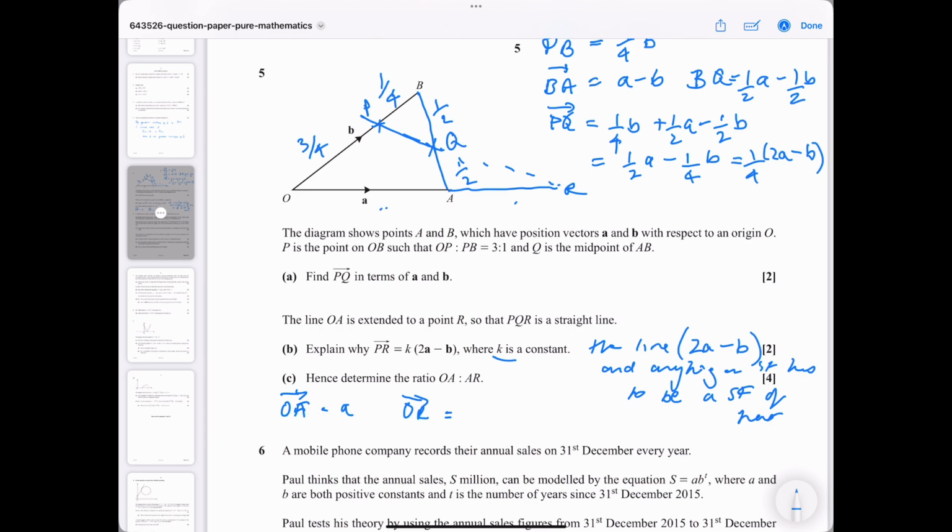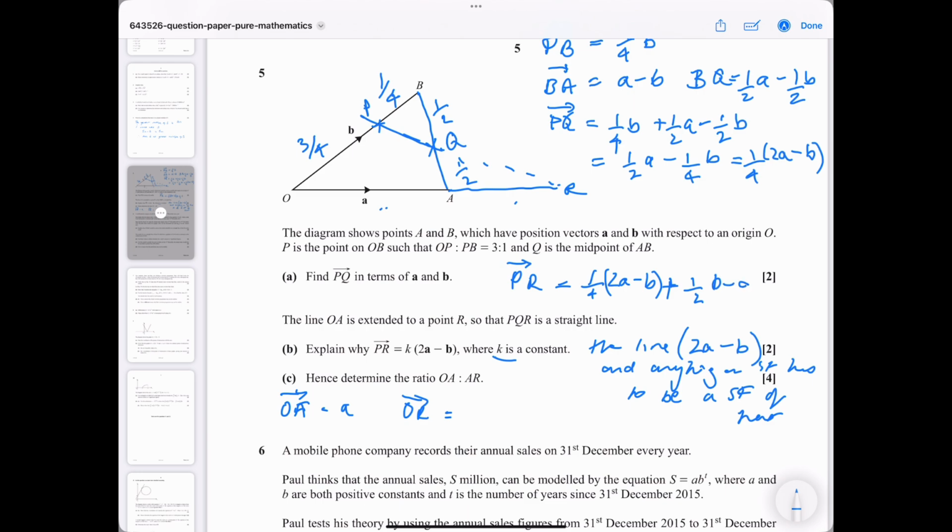Well, actually we know that, let's just do P to R. So we know P to R equals P to Q, which is 1/4 of 2a minus b, plus Q to A, which is another half of whatever that is, b minus a.